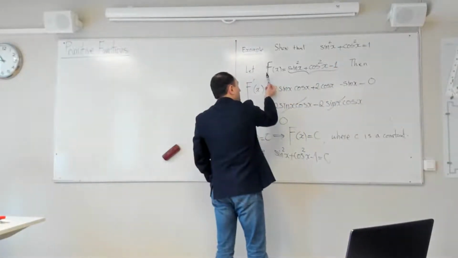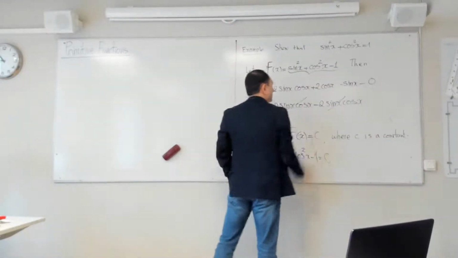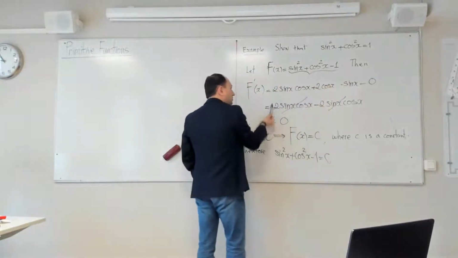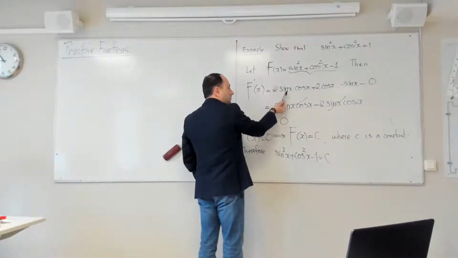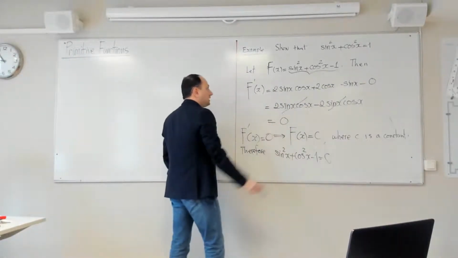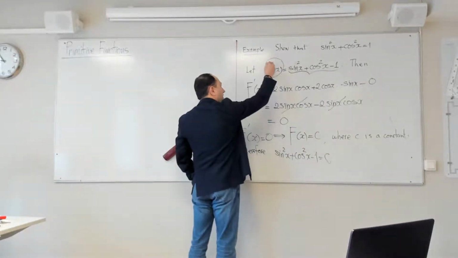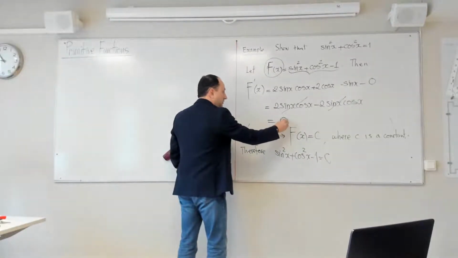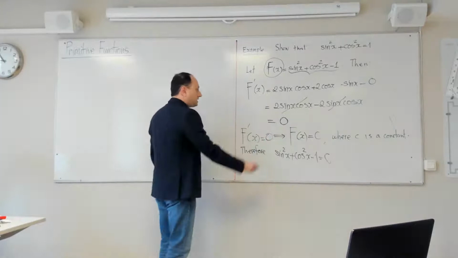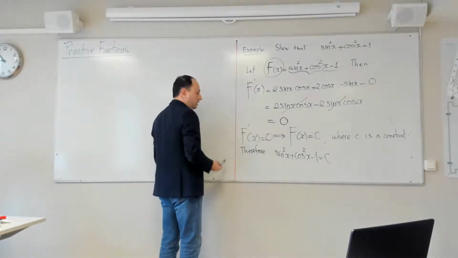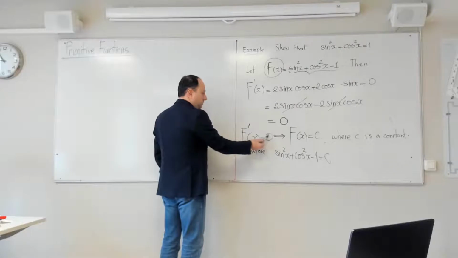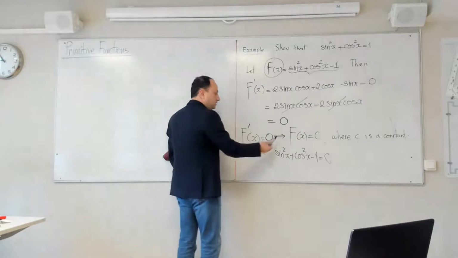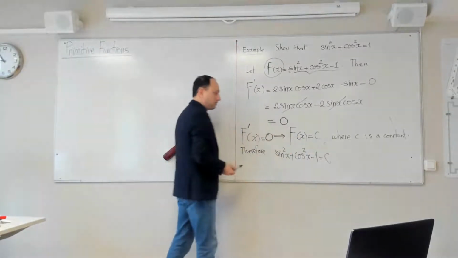I am telling you, let f of x be this. And I take the derivative of this function using the knowledge of the derivative I have, and the derivative becomes 0. So if I ask you what is the derivative of the capital F, you say that it is 0. And if I ask you what you can conclude about that, you say that if the derivative is equal to 0, it means the function is a constant.